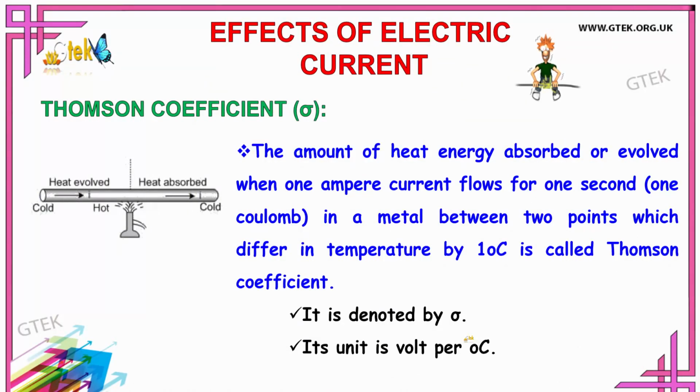Sigma is denoted as the Thomson coefficient. The amount of heat energy absorbed or evolved when 1 ampere current flows for 1 second, that is 1 coulomb, in a metal between 2 points which differ in temperature by 1 degree Celsius is called the Thomson coefficient. It is denoted by sigma. Its unit is volt per degree Celsius.